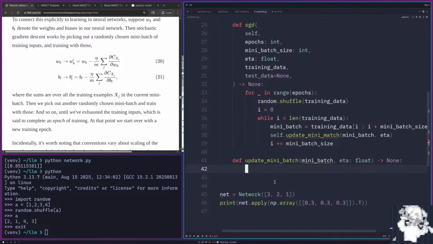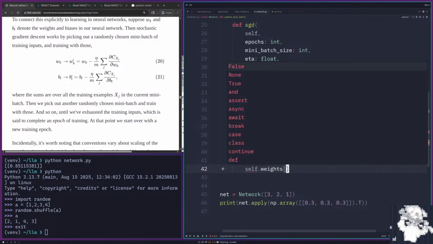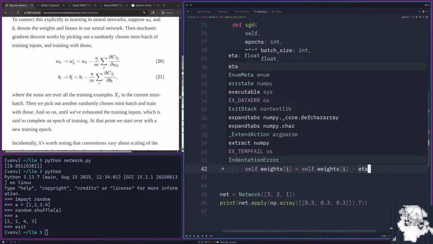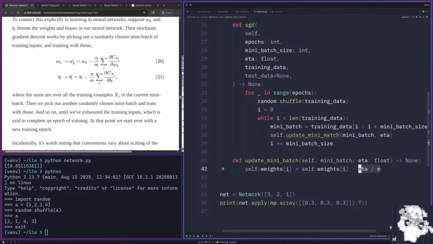So self.weights of i is going to be equal to what it was before, minus eta over m times, how do I read this?